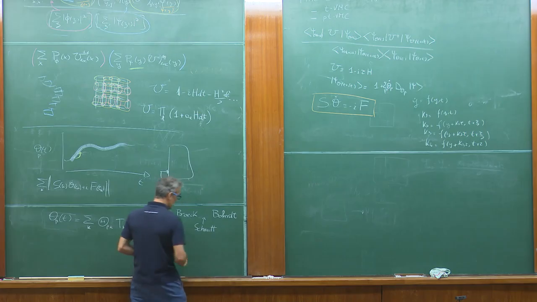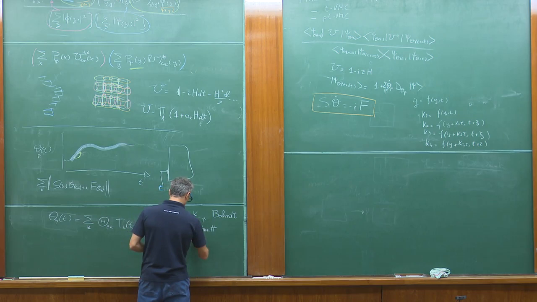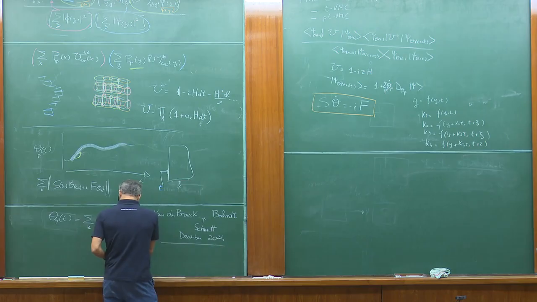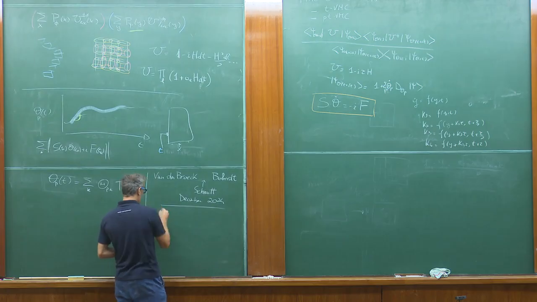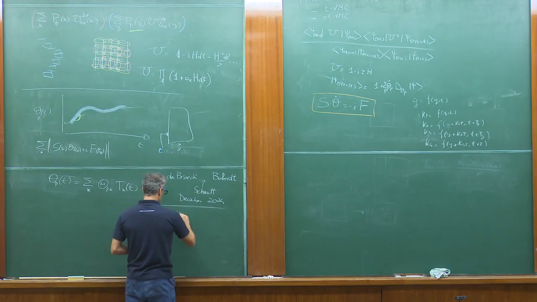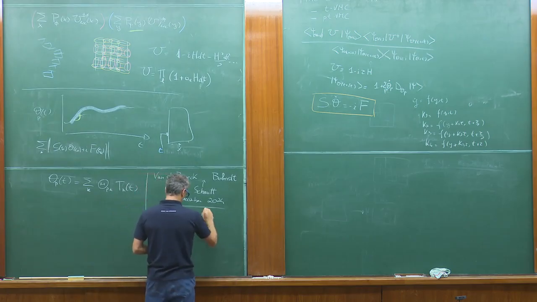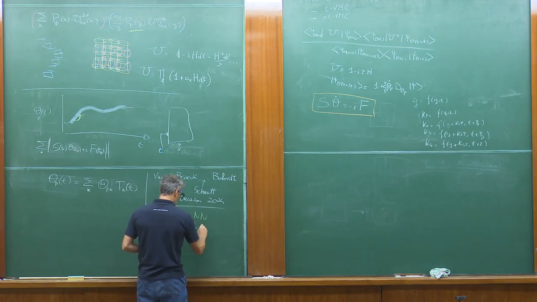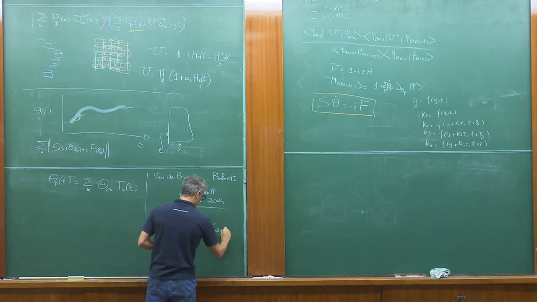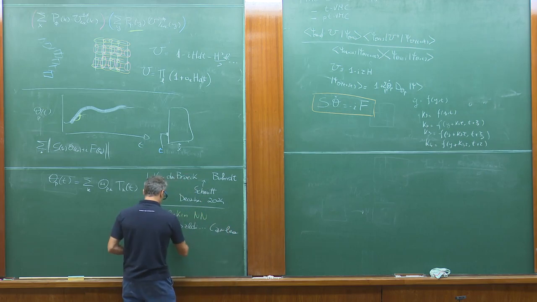This is December 2024 on the arXiv. This one paper, I forgot what the title is. The other paper, the title clearly is Galerkin neural network, something like this. The first author is Sinibaldi, the last author is Carleo. Same day, December 2024.